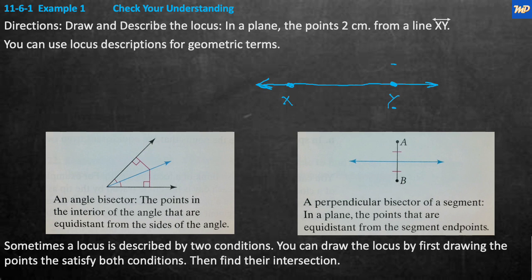What they want you to do is continuously draw dots that are 2 centimeters from this line. Well, guess what? I'm sorry, it dropped down. It looks like I can't do parallel very well. But the point is that these dots remain 2 centimeters at all times.